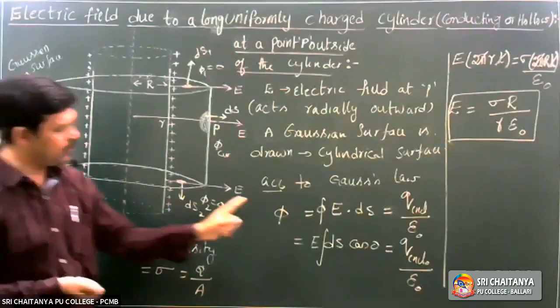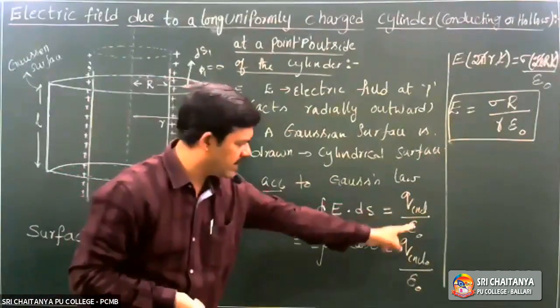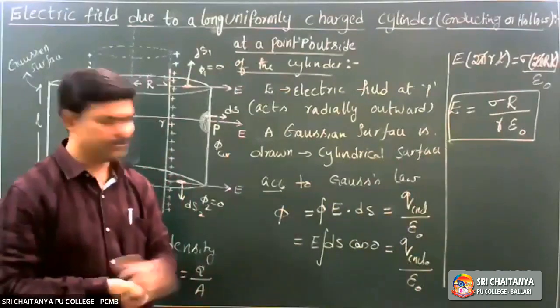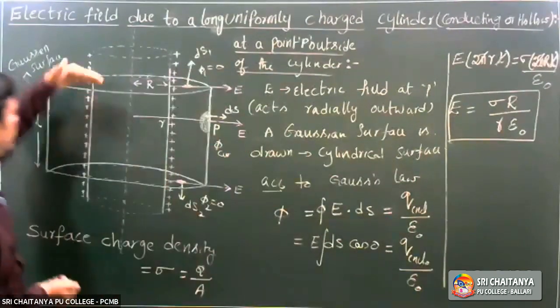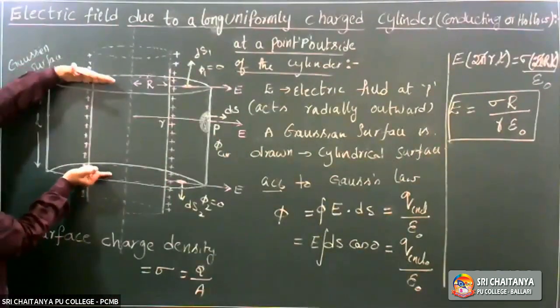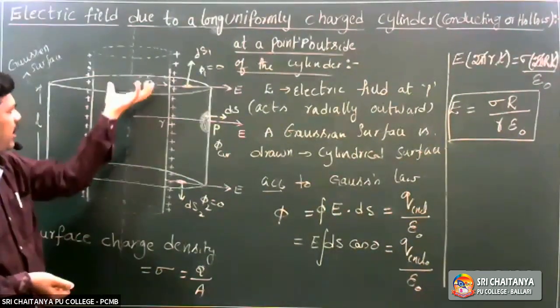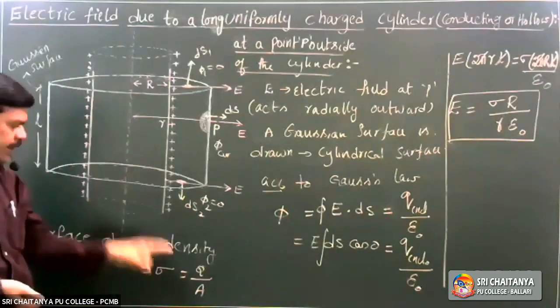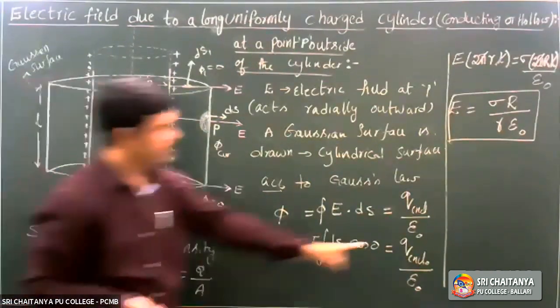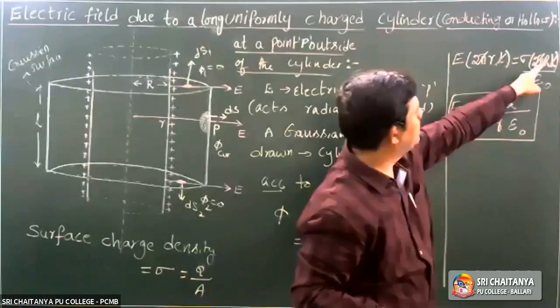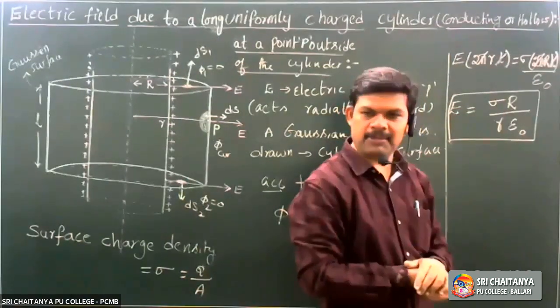According to Gauss law, that flux is equal to Q enclosed by epsilon naught. What is Q enclosed? The charge on this part of the cylinder enclosed. So that is the area of that cylindrical part into surface charge density, sigma 2 pi R L by epsilon naught.